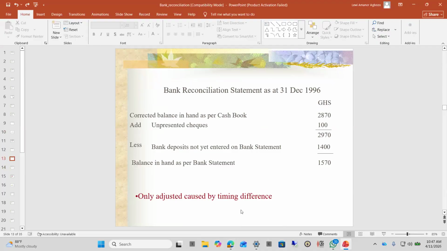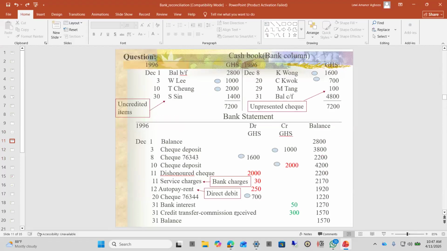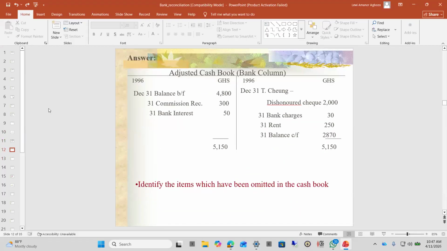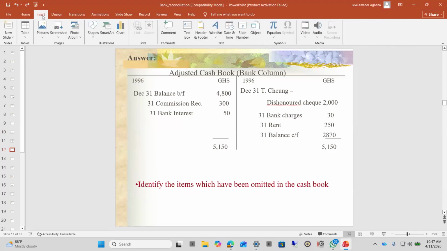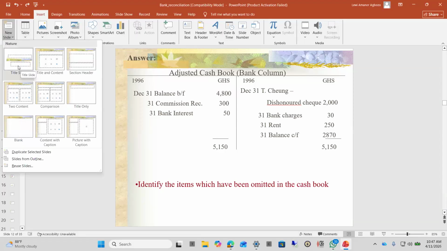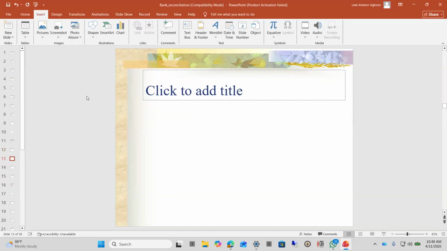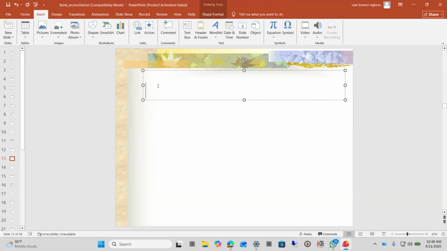When you want to do the adjustment to the cash book, and then you use the cash book to do it, this is what you get. I want to add a note to it. Bank.